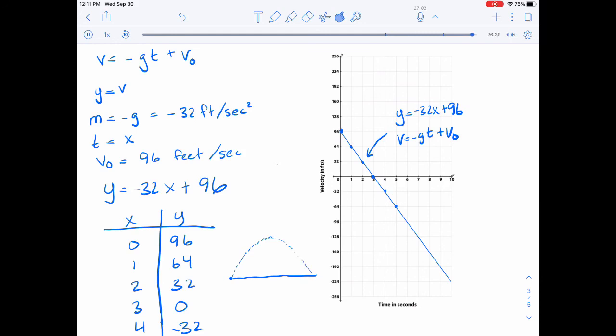So where did that occur? At velocity is equal to 0. So that would occur at 3 seconds. So we have a positive velocity for the first 3 seconds, and then a negative velocity after 3 seconds as the ball travels back down to Earth.